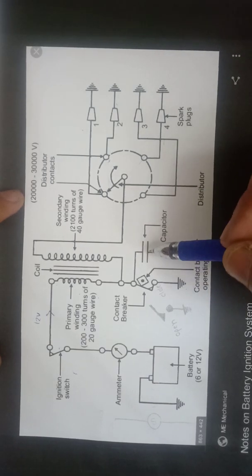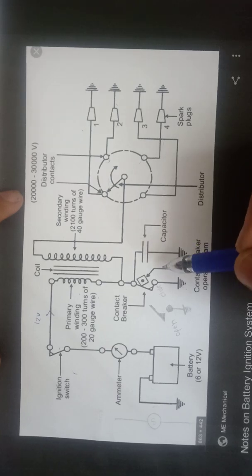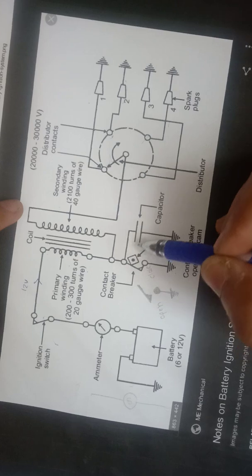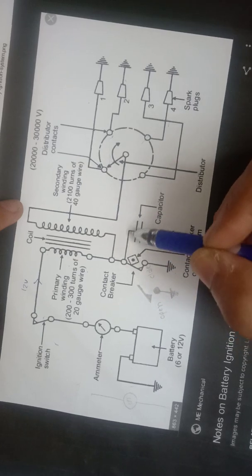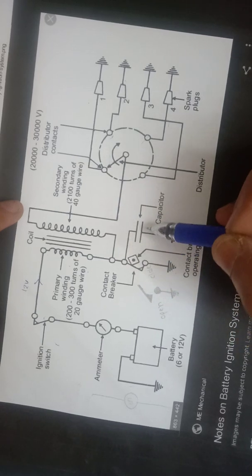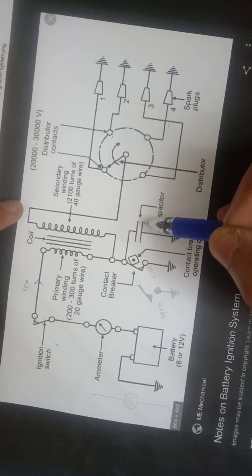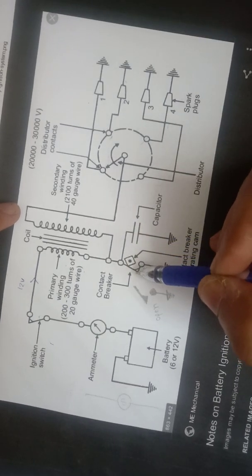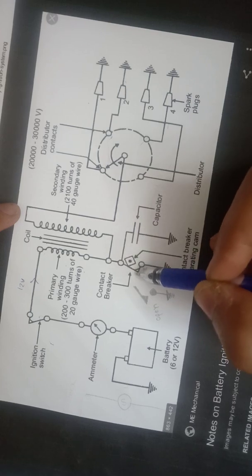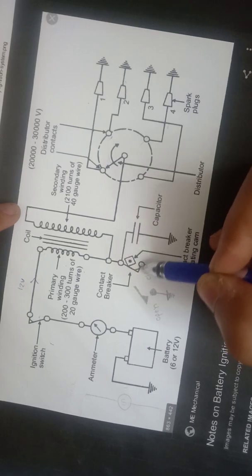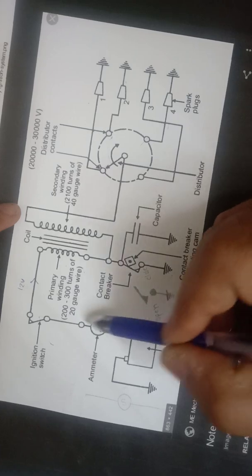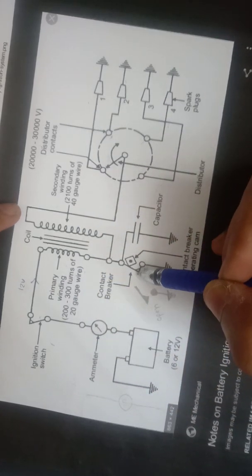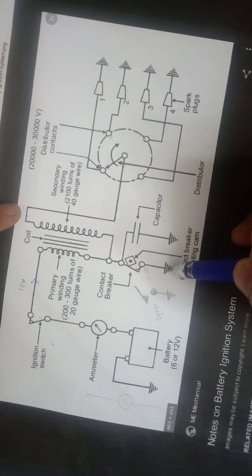Now there is another component which I mentioned earlier, that is this capacitor. What is the function of this capacitor? Basically, when this point is in a closed position, there is a heavy current from the battery which passes from the primary coil to this contact breaker point and is grounded.